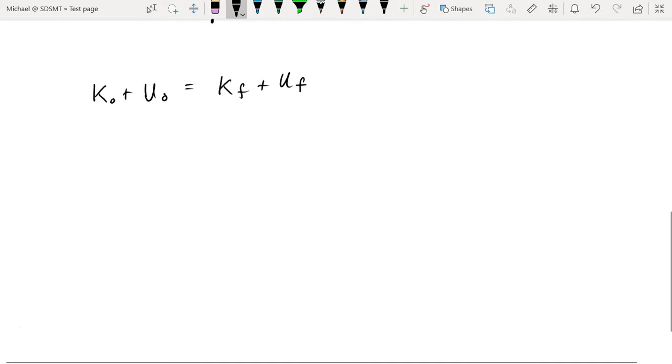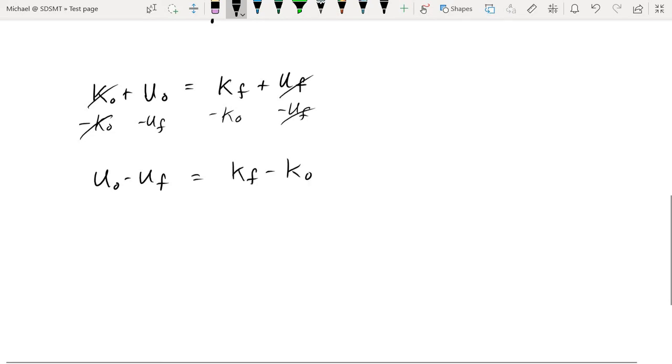And so the change in the kinetic energy and the change in the potential energy for the system will have to be equal and opposite to one another. And we can actually show that just by rearranging some of the terms. I'm going to subtract the initial kinetic energy from each side, and I'll subtract the final potential energy from each side. And the reason for doing that is just so that we can get the potential terms and the kinetic terms together on the same sides.